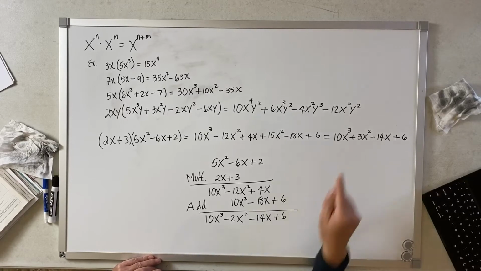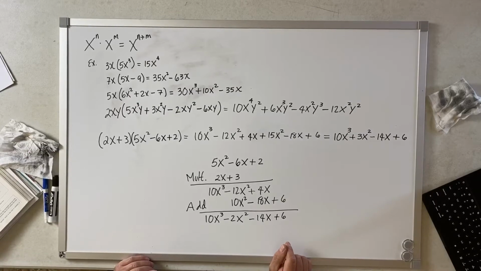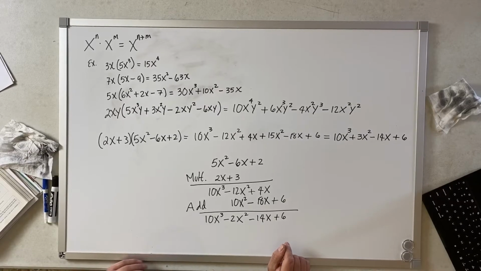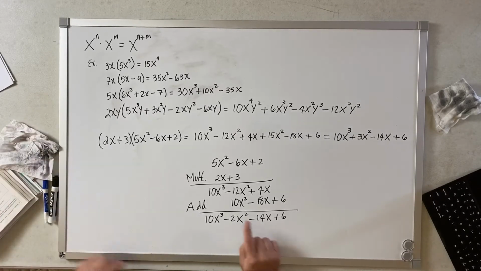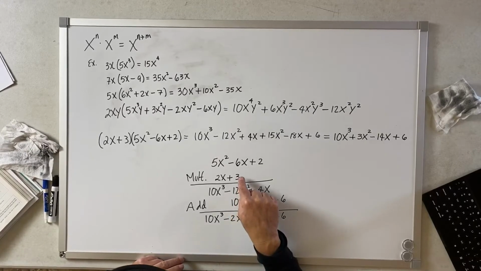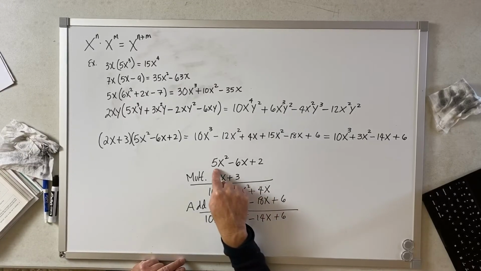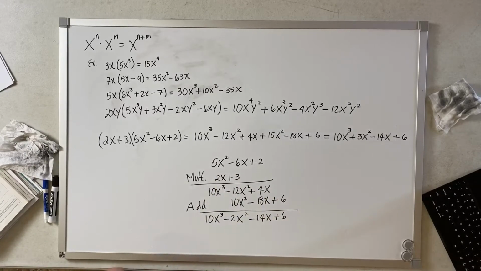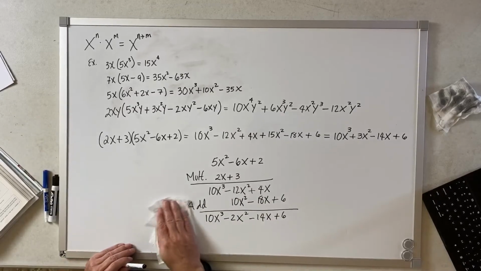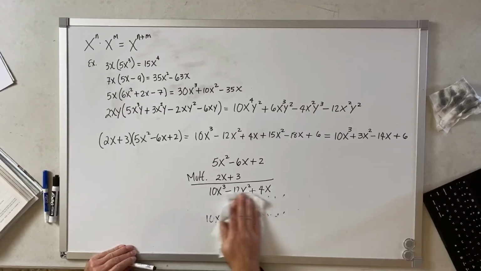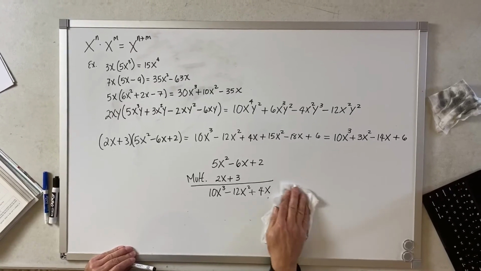Okay. Here's my mistake. Where is my mistake? My mistake is right there. 3 times 5x squared, okay? And let me do this again. Do this problem all over again, okay?